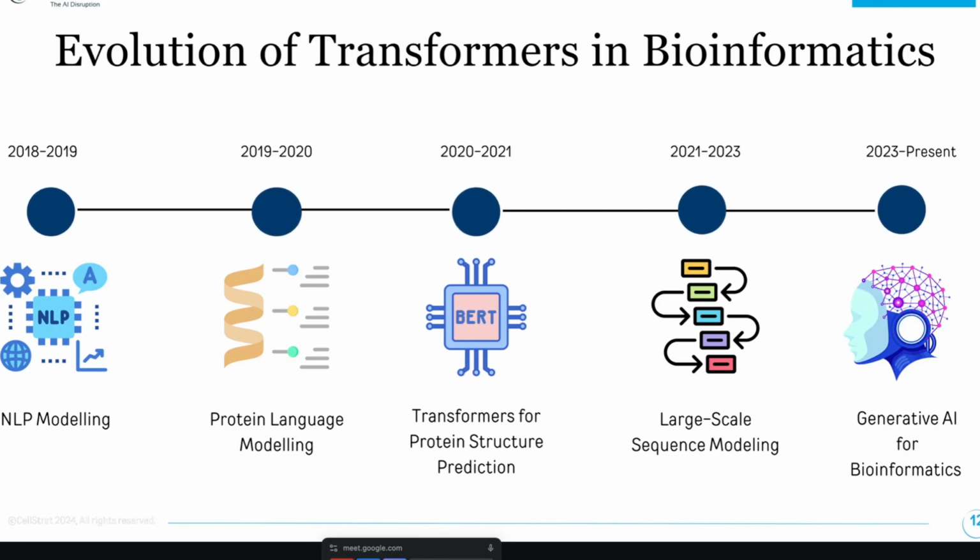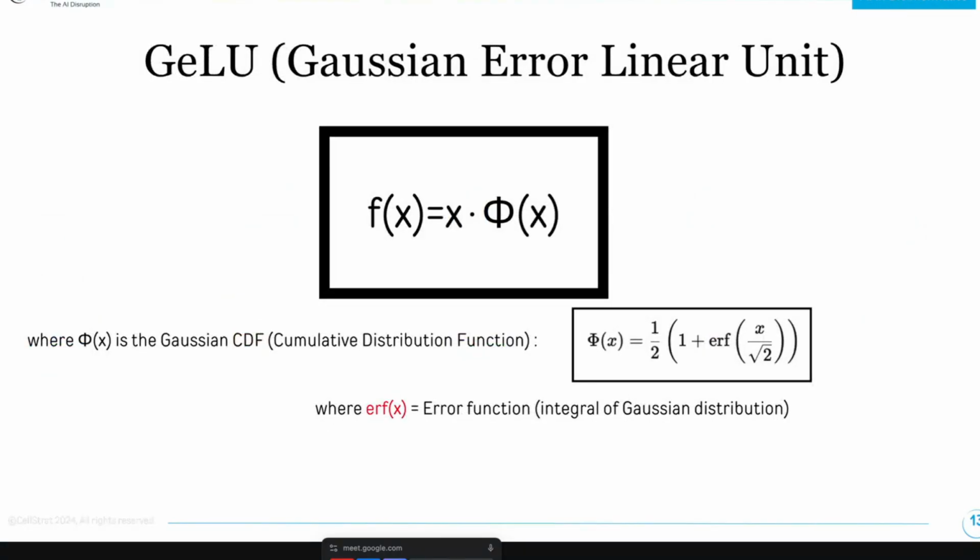and the applications of new concepts in these transformer models. So next we will dive deep into what is called the GLU function, right? The GLU function is the function that I mentioned previously that was used for AlphaFold and ESMFold.